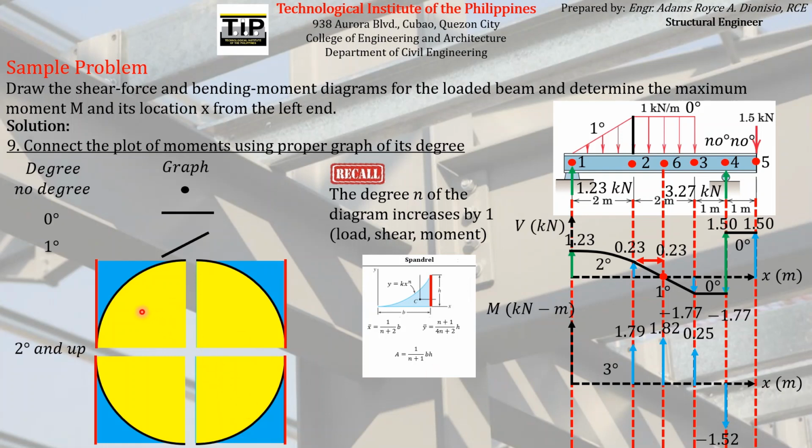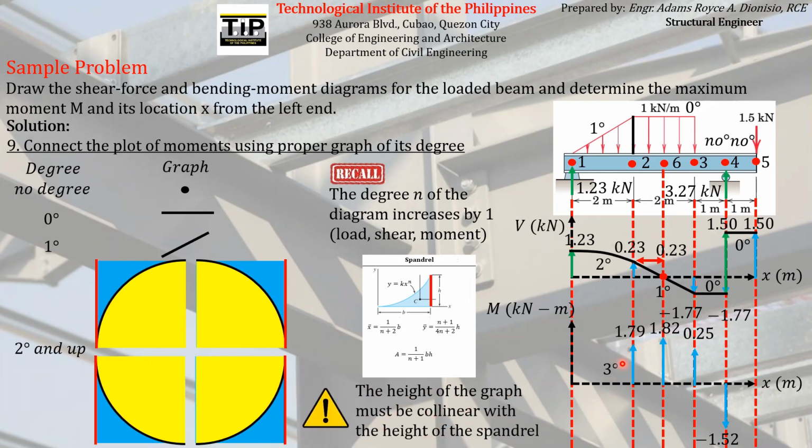But to know which of these two we will actually use to connect this point to this point, again, we will use the spandrel technique. The blue shaded area is actually the spandrel, and the height of that spandrel must be collinear to the height of the graph above it, which is the shear force diagram.